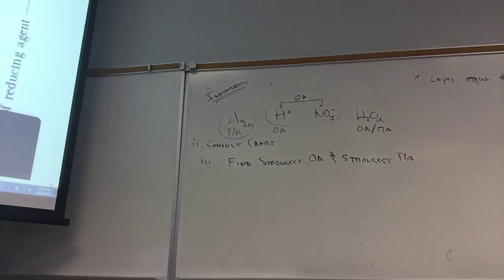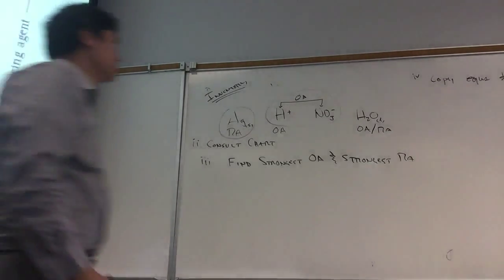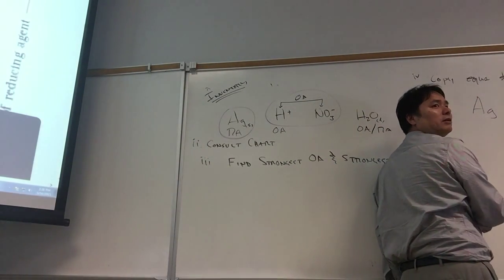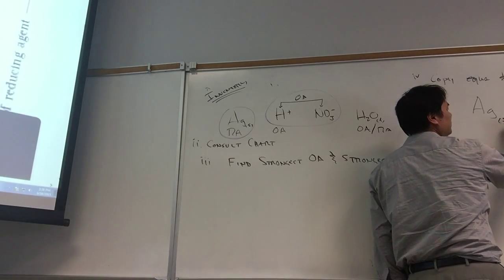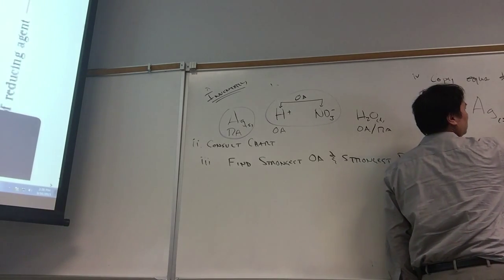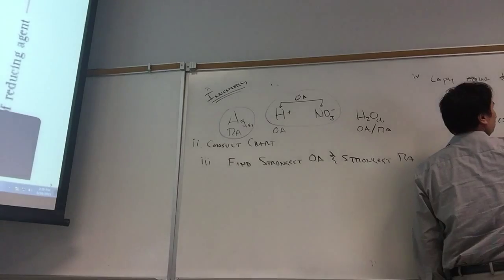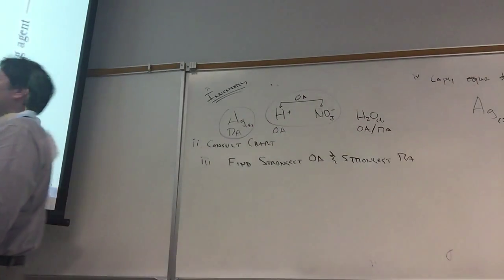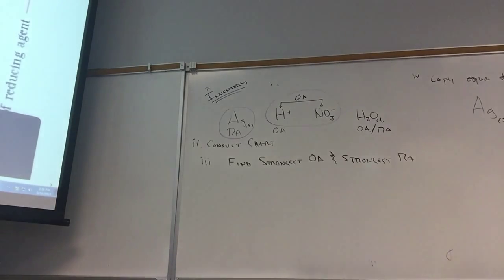Should I just copy the equation as written? Silver ion plus an electron? No. I'm going to write it backwards. But it doesn't matter, forward or backwards. It's going to be silver solid goes to silver ion plus an electron, which is the reverse of this reaction. Why did I just reverse this reaction? The reason I reversed it is because I don't have any silver ion as a reactant.